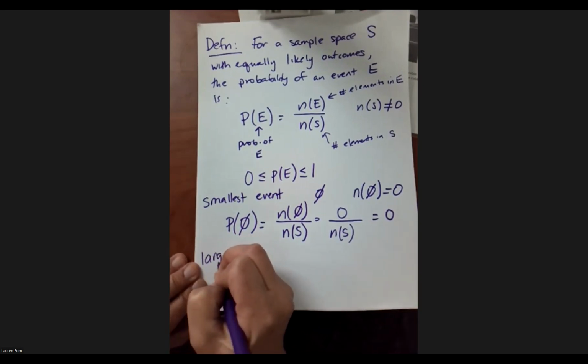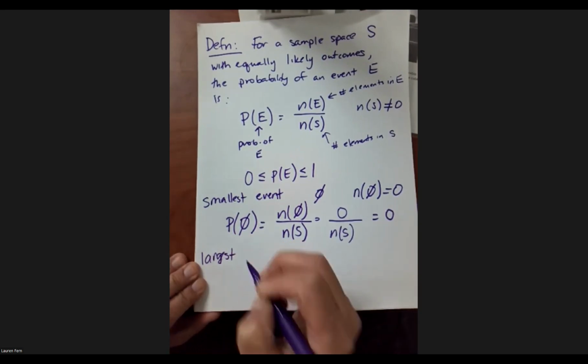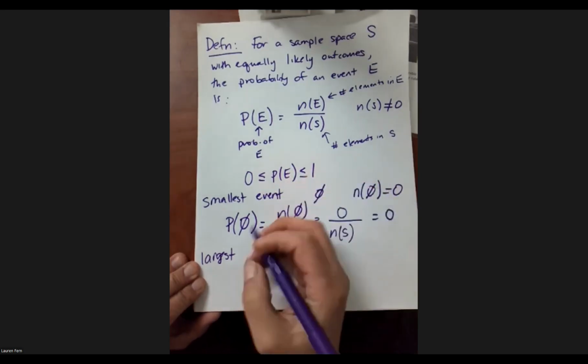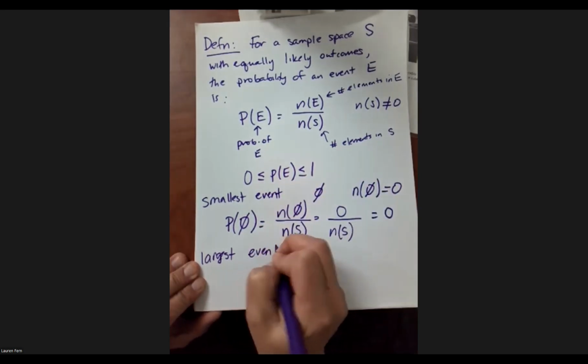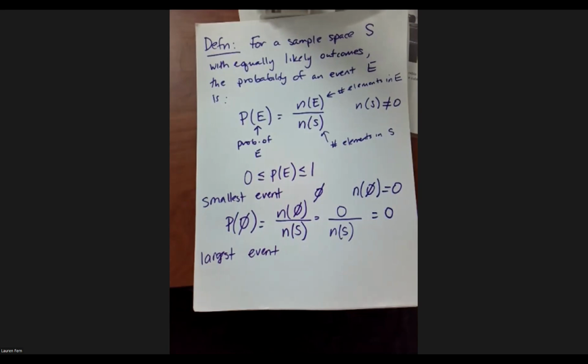Now, let's talk about why the largest a probability can be is 1. Well, what's the largest possible event that we could have given a sample space S? Isn't it just our entire sample space? Right? Remember, your sample space is the set of all possible outcomes.